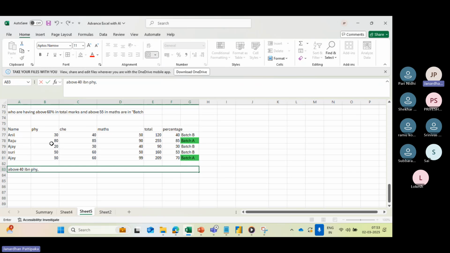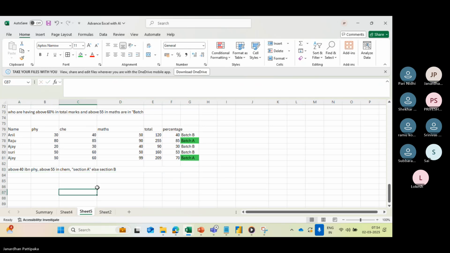Just I mentioned the second condition. And above 55 in chemistry. Comma. I'm taking only two marks, physics and chemistry. If these two conditions are met, I will put this person in section A. Else, I want to put this person in section B.